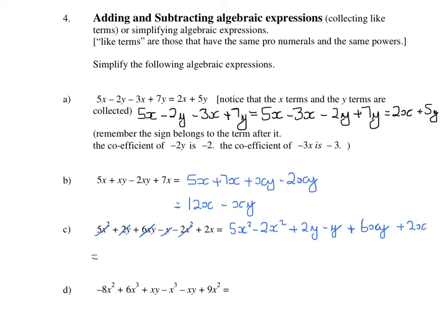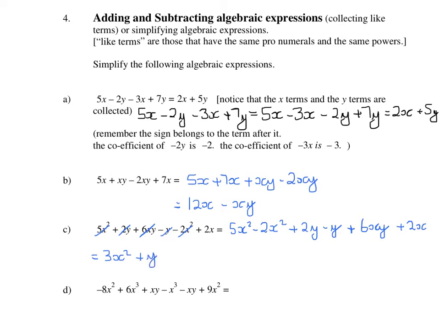Now simplifying like terms, 5x squared subtract 2x squared is 3x squared. 2y minus y is 1y, or just y, so plus y.